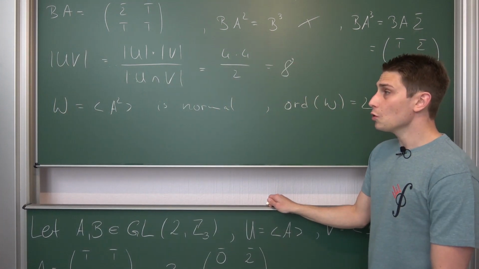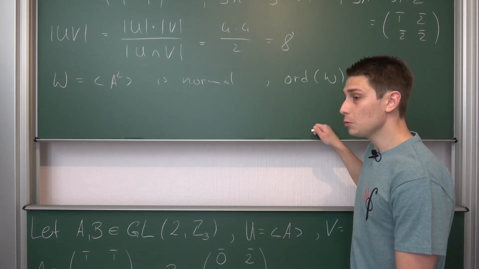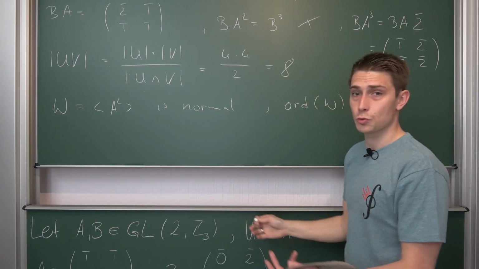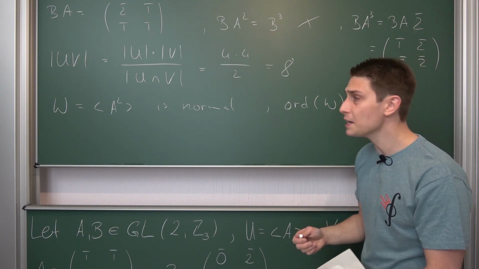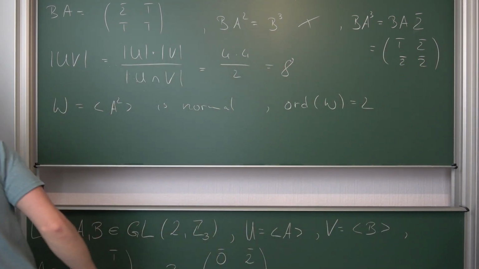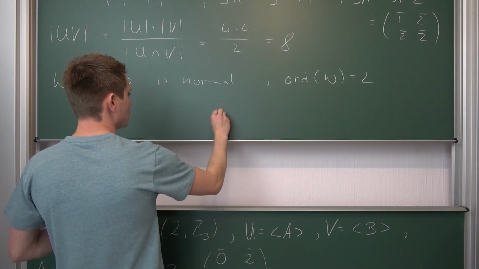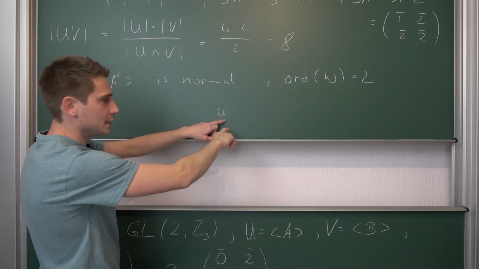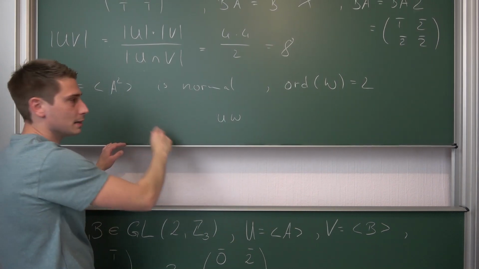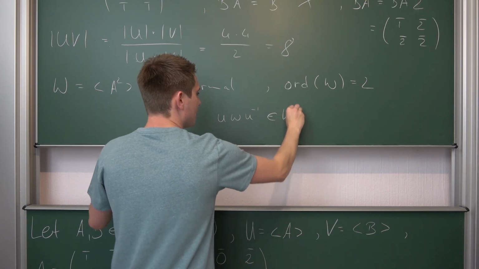Now we need to show that W is a normal subgroup. For W to be a normal subgroup, we either show that W is the center of UV, or we just show that it's a normal subgroup in general. This is kind of easy to show. Now I need to think about everything. So we have, for example, u, an element in UV, times some w, an element in W, times u to the -1 is yet again in W, I think.